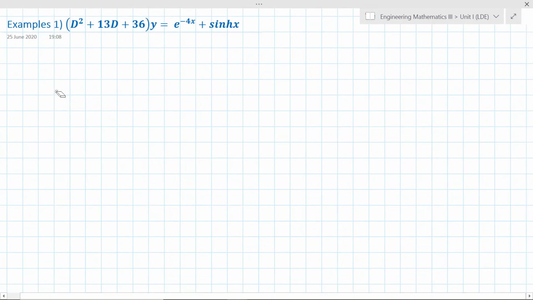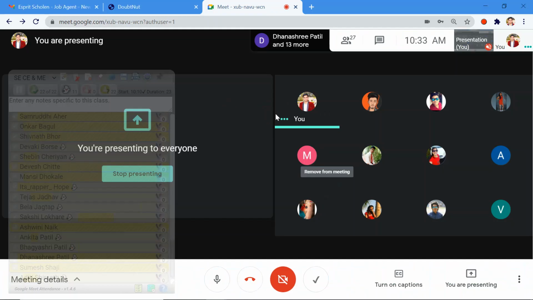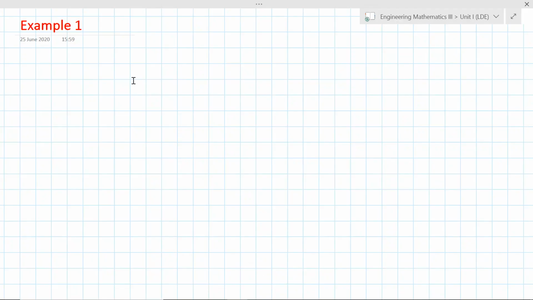See, these are some common examples related to this method. Just a minute, let me take one more example. What is that example? This is a very common example actually.